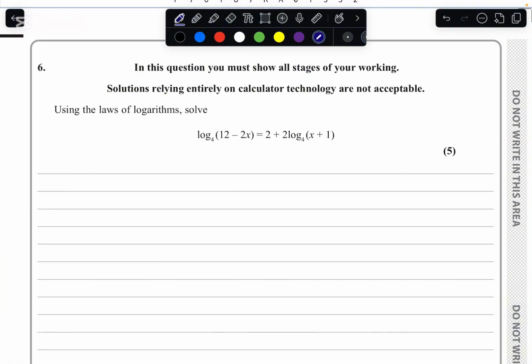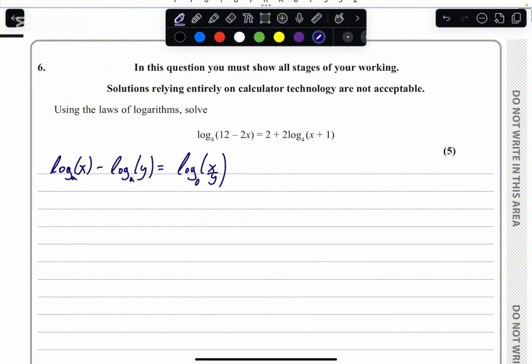Question 6. Using the laws of logarithms, solve the equation. So one of the rules that we will have to use here is log of x base a minus log of y base a is equal to log of x over y base a.